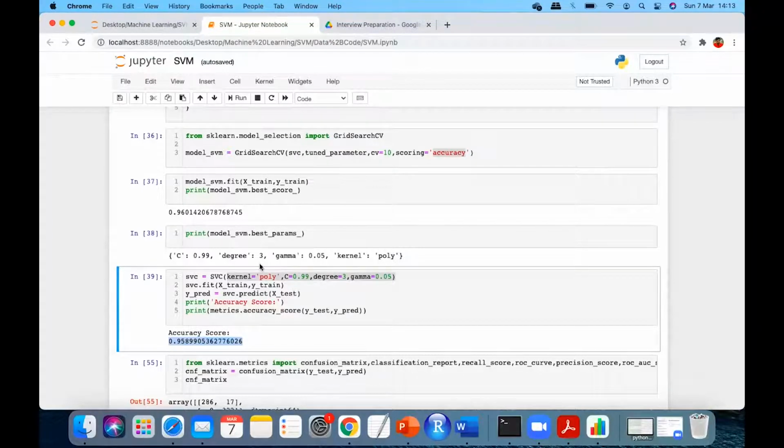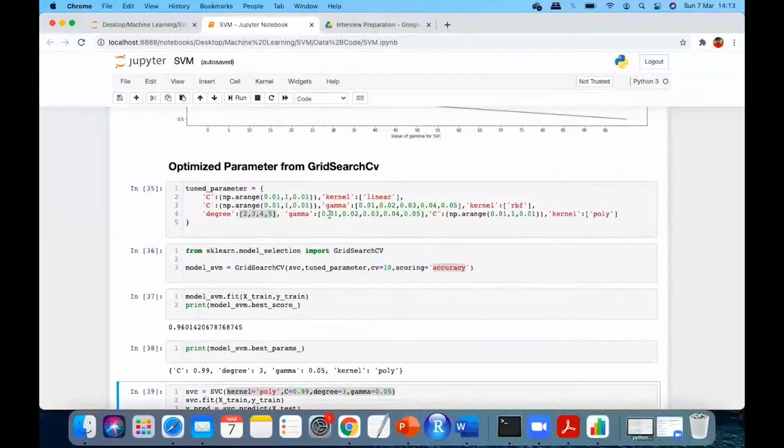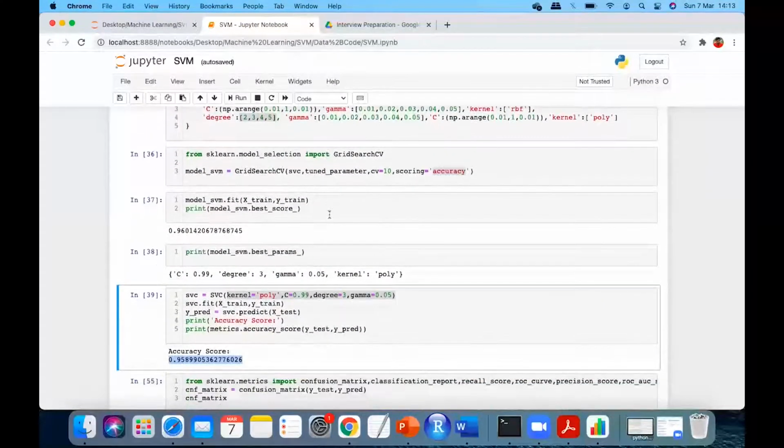The reason you should understand is that here I have fitted for training, and here I have predicted for testing, right? So obviously there is going to be a bit of difference, and that difference is visible.